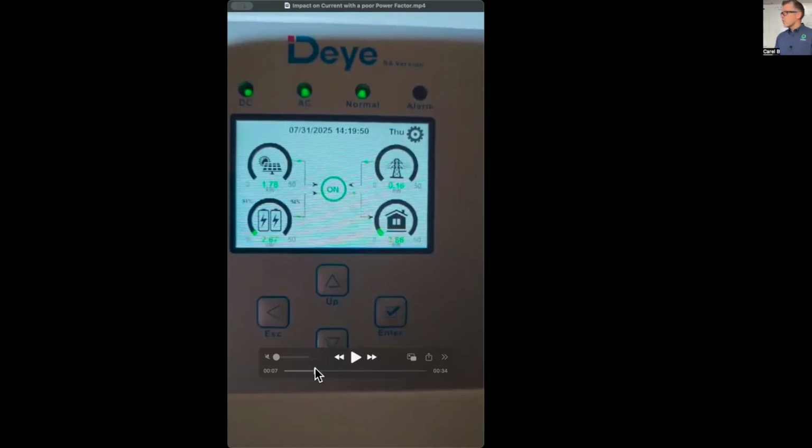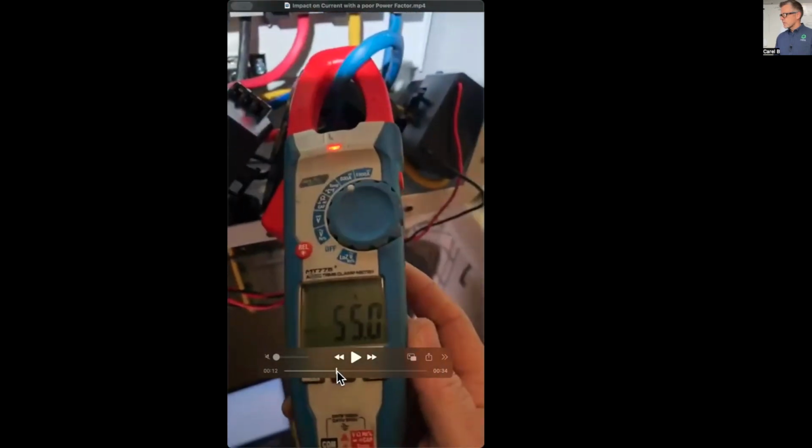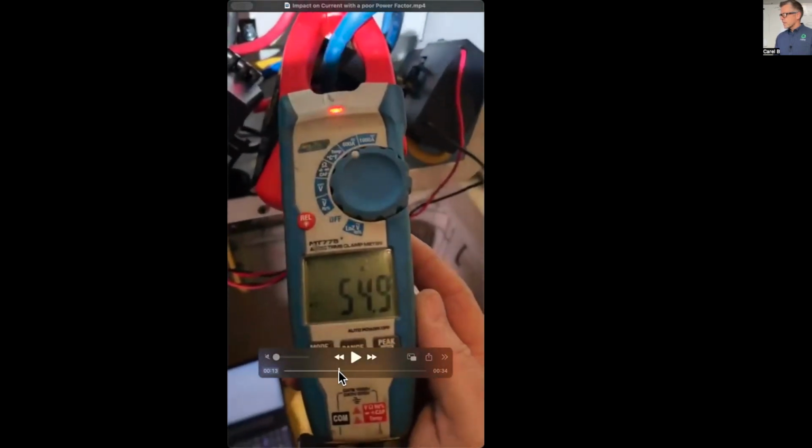So our load is 3.8 kilowatts. But our tester is measuring 55 amps.